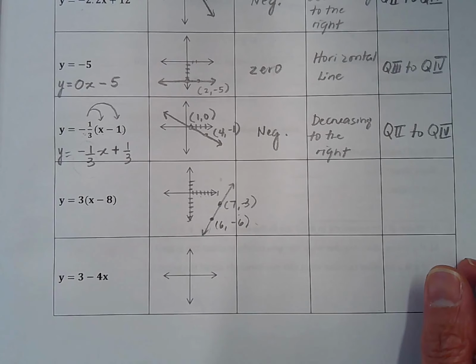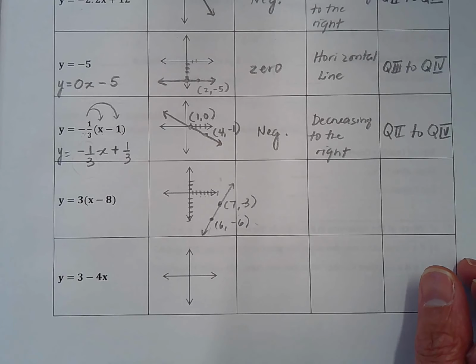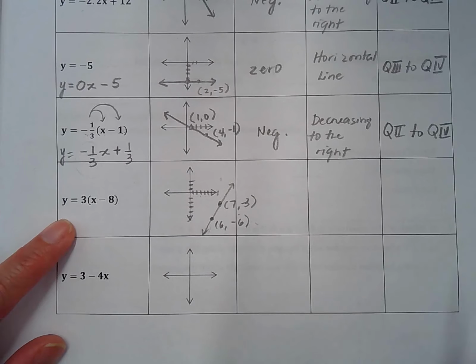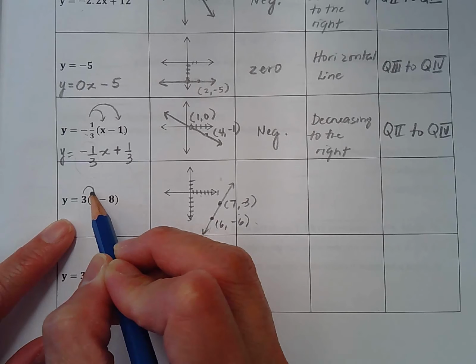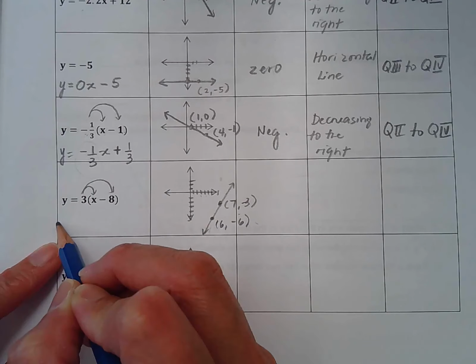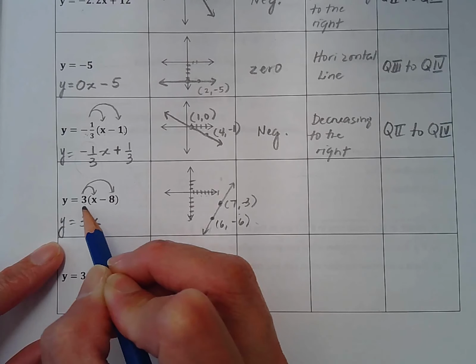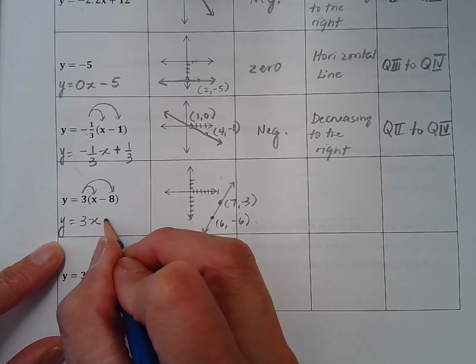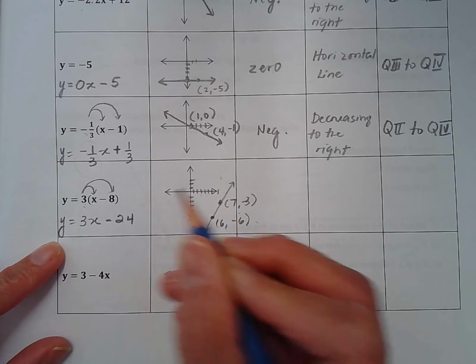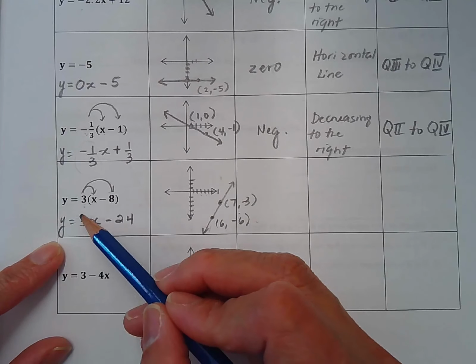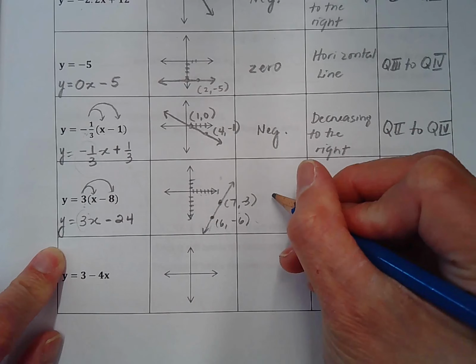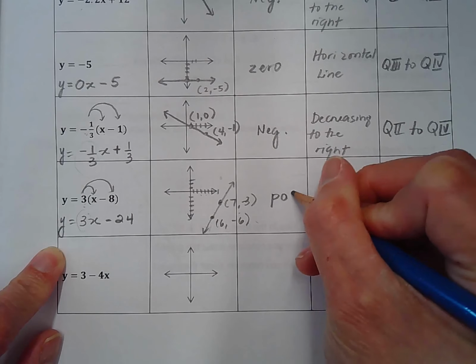What's the leading coefficient here? What's the sign of the leading coefficient? Now, let's multiply this in here, okay? So we can rewrite it as 3 times x is 3x. 3 times -8 is -24. So the leading coefficient is +3, so this is positive.